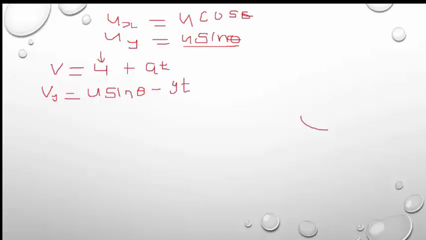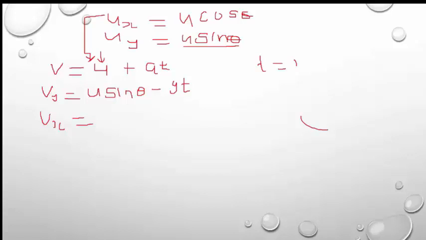So if we are asked to calculate the velocity at the vertical axis when t is equal to 1, just put 1 into this place. When t is equal to 0, then we have it to be u sin theta. When t is equal to 2, you can get it. When t is equal to 3, you can get it. Then my vx will be equal to, I will bring the ux to this point.